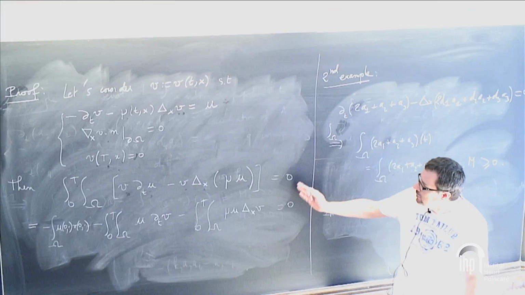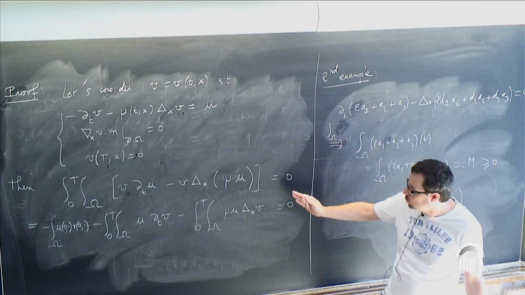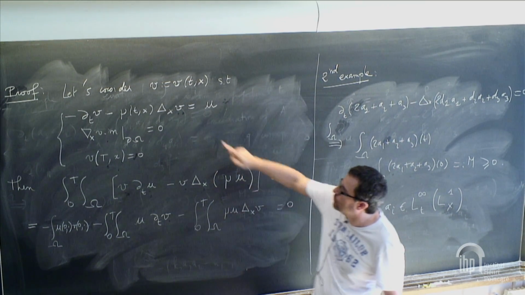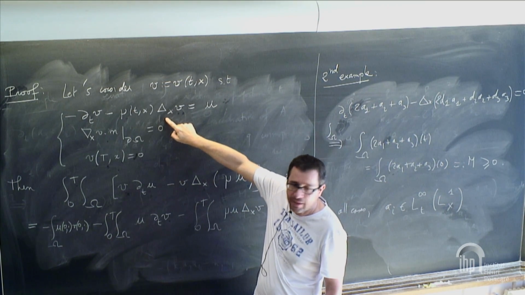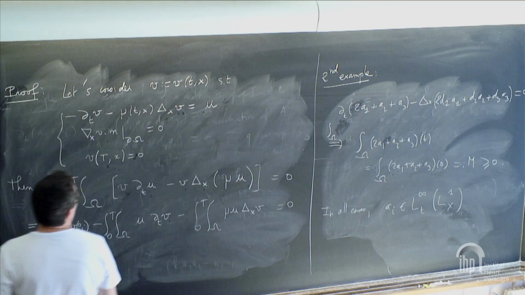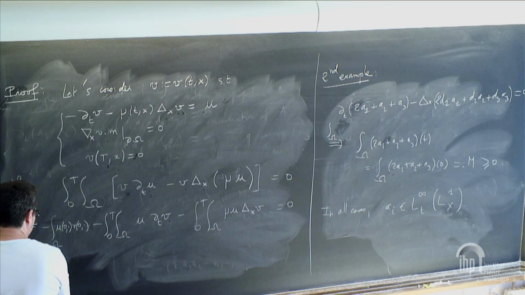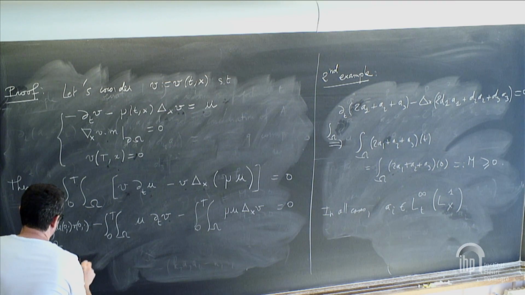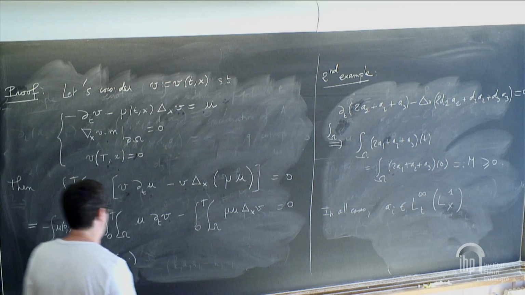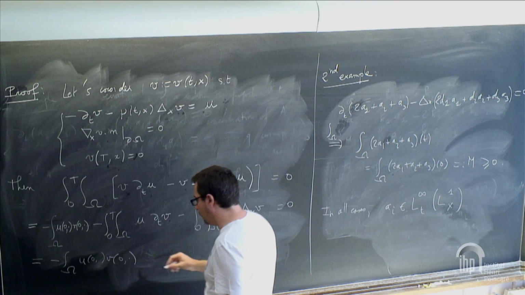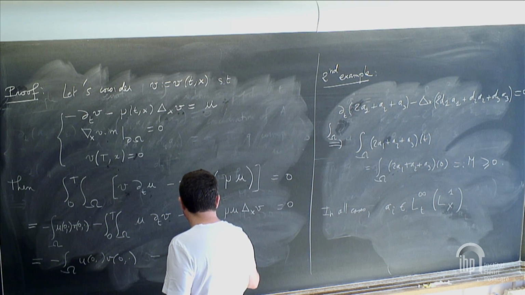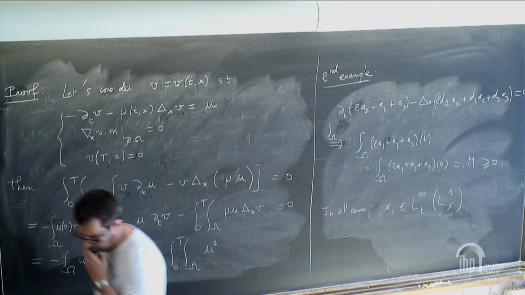And of course, v has been built in such a way that minus dtv minus mu Laplacian v is exactly equal to u. Okay? So what you get is that this is equal to minus u square.